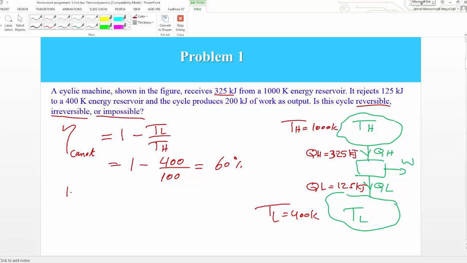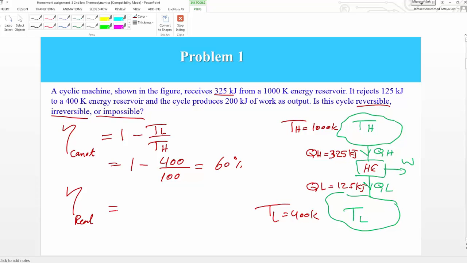Now, what is the efficiency of the heat engine itself? For the real one, because I also have data to check the real one. I don't know now, of course, if it's real or not, because it can also be equal to Carnot.